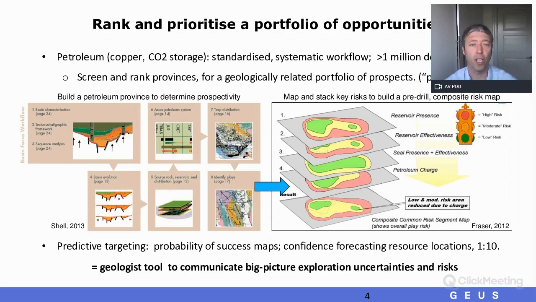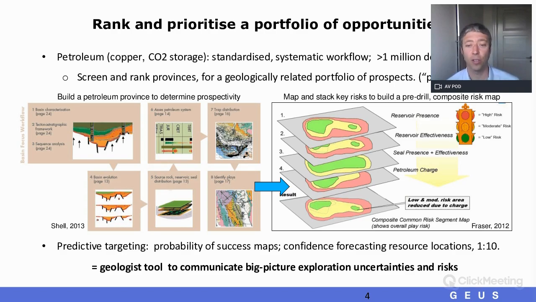The petroleum exploration and some other commodities follow that same logic and have therefore a standardized, systematic workflow down from million to 10 square kilometer scale to screen and risk provinces, to identify where there could be a geologically related portfolio of prospects or a play. And you can see on the left-hand side some of the inputs for that.